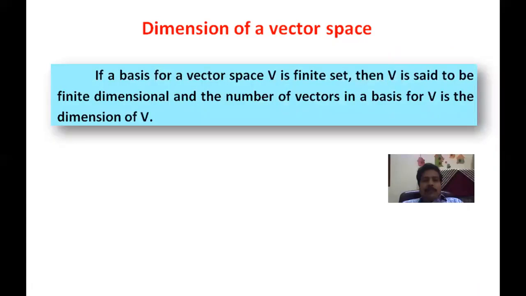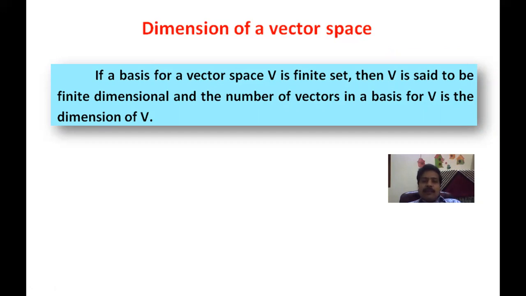If a basis for a vector space V is finite, here there will be 2 cases. If a basis contains infinite elements, that's a different case. Whenever it is finite, the number must be equal.